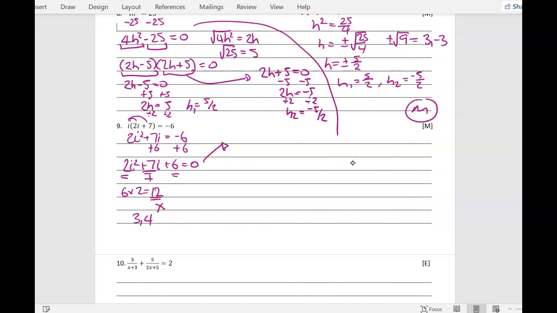I'm going to finish up with my grouping method. 2i squared plus 4i plus 3i plus 6 is equal to 0. Just noting that 3 and 4 makes that 3i and 4i happening up there. Okay, we're now going to factorize the first bit.